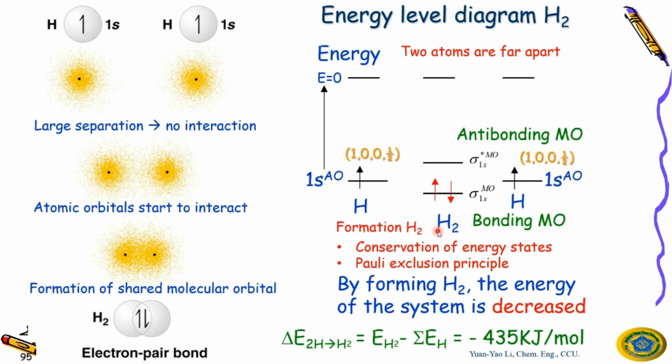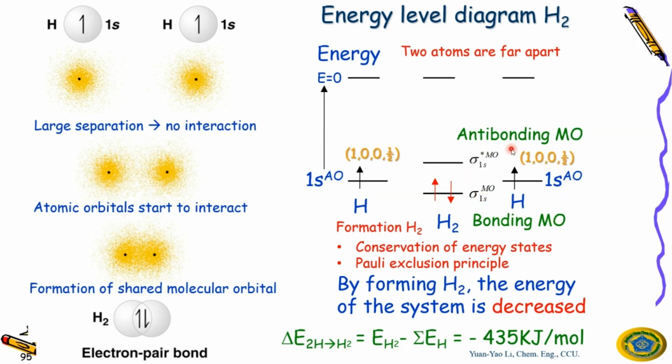You might think, well, Professor, so far we just talked about the molecular orbitals. However, there are two: the bonding molecular orbital and the anti-bonding molecular orbital.